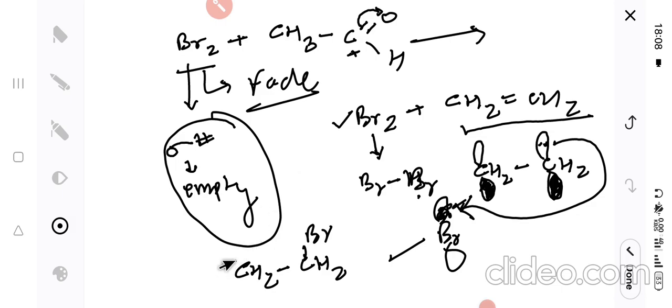So such types of chemical reactions also occur that do not need any charge initially, or dipole, meaning polarity.